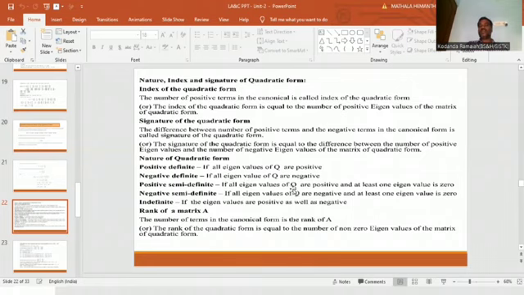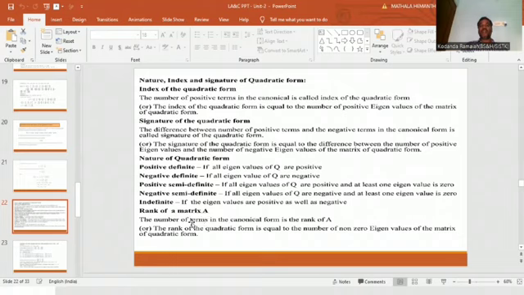If all eigenvalues are positive and at least one eigenvalue is zero, that is a positive semi-definite nature. If all eigenvalues are negative and at least one eigenvalue is zero, that is a negative semi-definite nature. Indefinite nature: if the eigenvalues are both positive and negative, such a type of nature is indefinite.